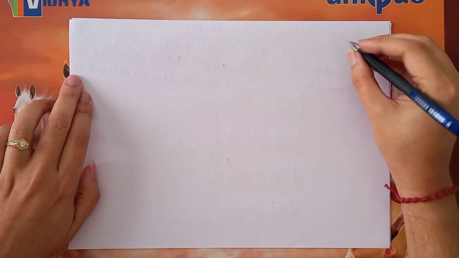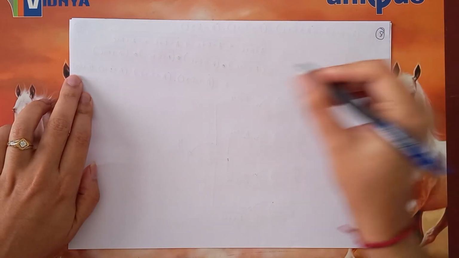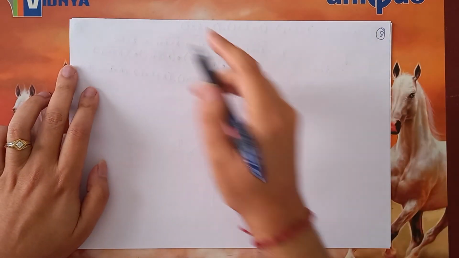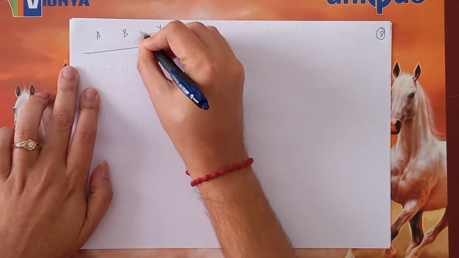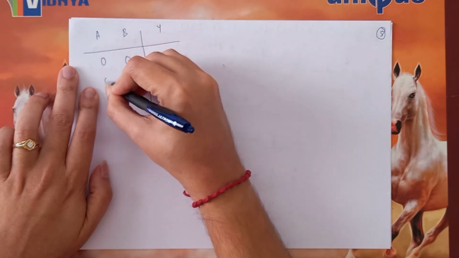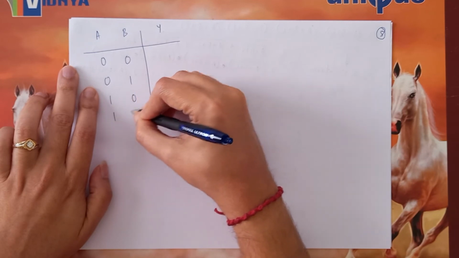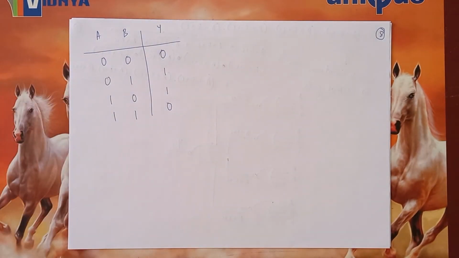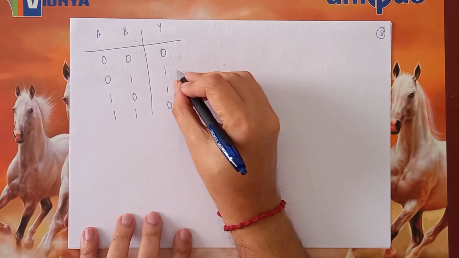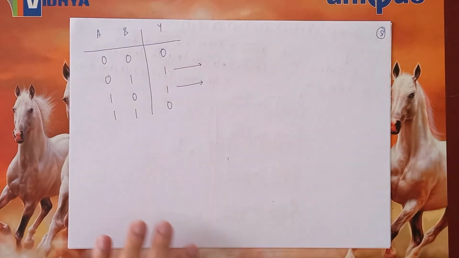Suppose we have a simple 2 variable truth table. And y looks like this. So, when we look at the technique where we are hunting for ones, essentially we get these two other rows.